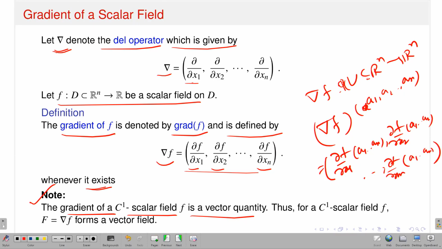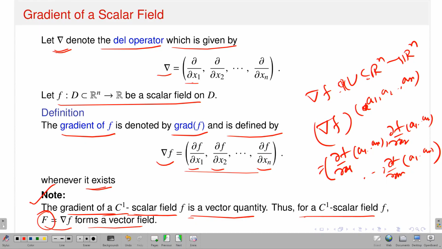So if I have a scalar field and take the gradient, it will be a vector field. The gradient of a C1 scalar field f is a vector quantity, and therefore, for a C1 scalar field f, the gradient of f, denoted by capital F, forms a vector field.